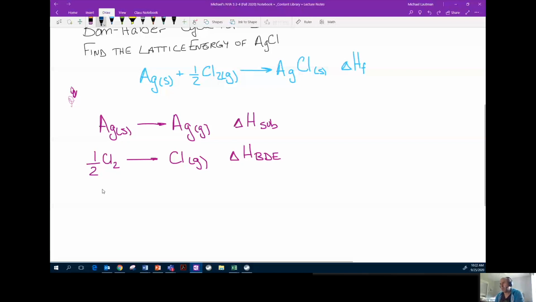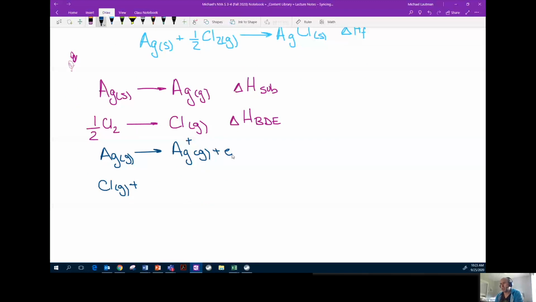Then chlorine gas is going to accept, oh, you know what? I made a mistake. This equation here is not complete because I left out the electron. And then chlorine gas is going to accept that electron and give me Cl minus.